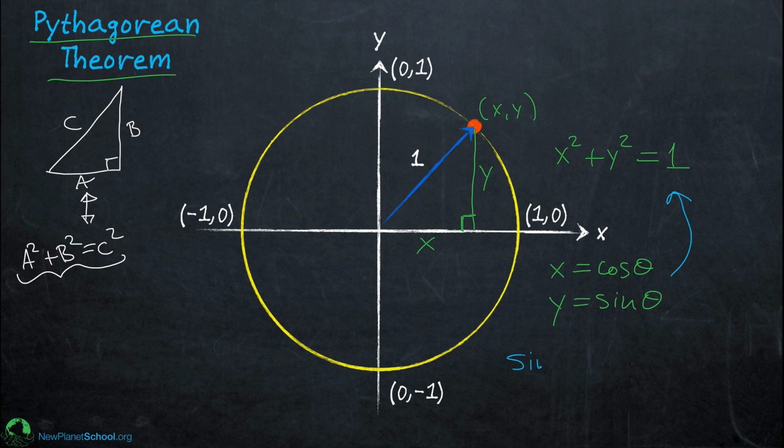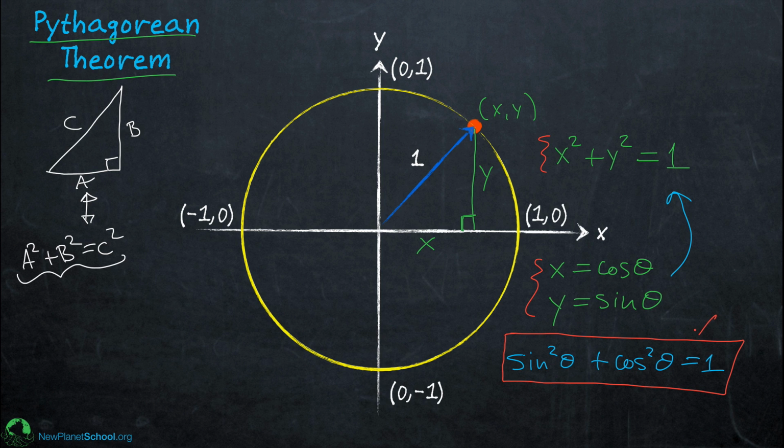We get sine squared theta plus cosine squared theta equals 1. And this is a very important identity in trigonometry that falls out very easily once you realize the definitions of sine and cosine connected with the Pythagorean theorem lead to this, and the derivation is quite simple and very easy to understand. So I wanted to also make that connection.